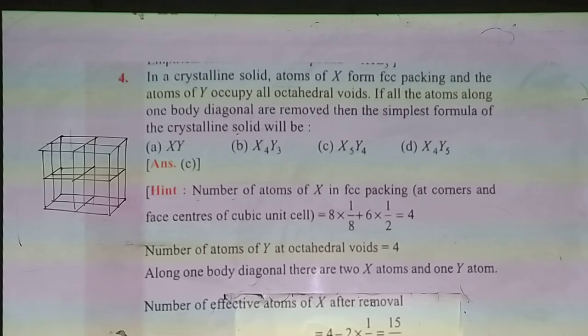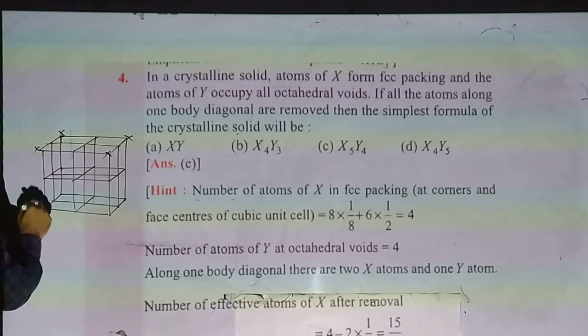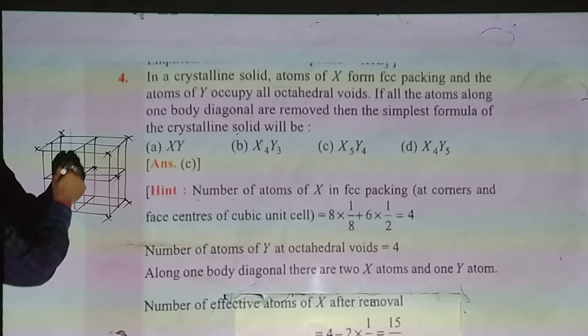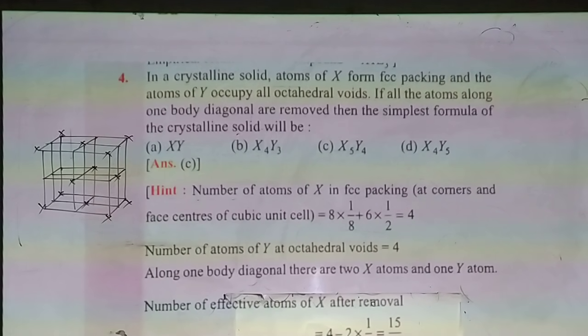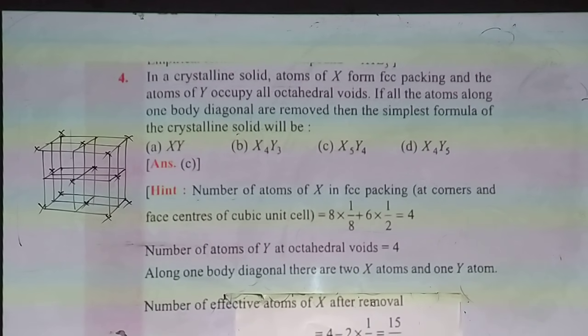If all the atoms along one body diagonal are removed, X is called FCC arrangement, meaning atoms at all the corners and at the face centers is called FCC arrangement. Understood?